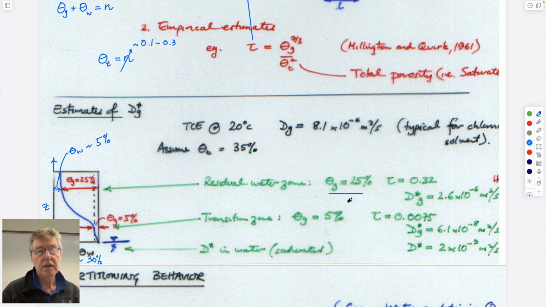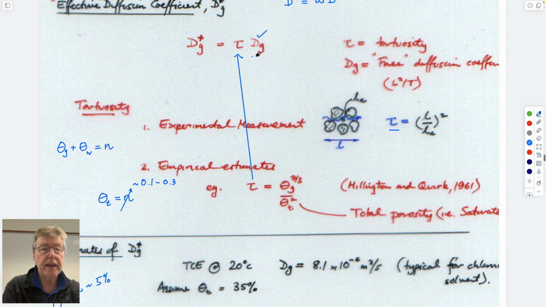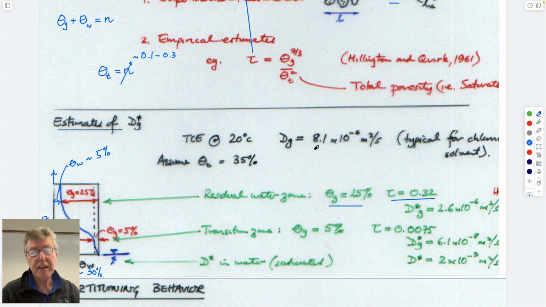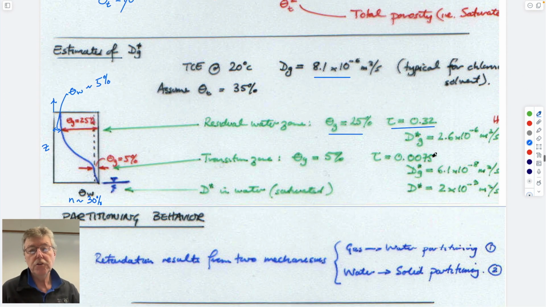So if you use 25%, you calculate the value of tau, 0.32, and if you multiply tau by the diffusion coefficient for TCE in air, which apparently is 8.1 times 10 to the minus 6 meters squared per second, quite fast compared to water, you multiply them out and you get an effective diffusion coefficient.